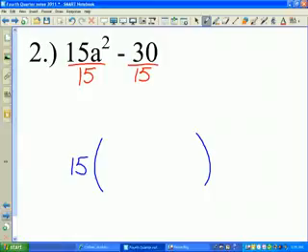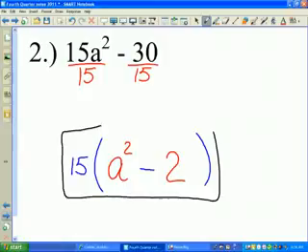So 15 divided by 15 is 1. A squared divided by 1 is just a squared. You can write 1a squared, that's the same thing. There was a minus sign, so I'm bringing that minus sign down. And then 30 divided by 15 is not 15, it is 2. Okay, so then this right here is my factor of my original expression.